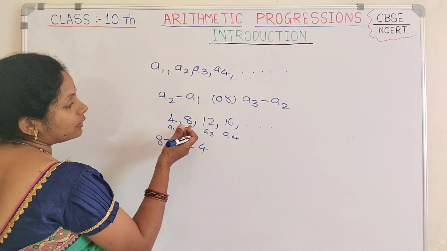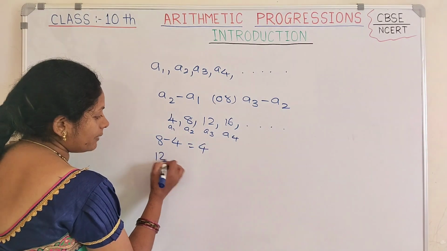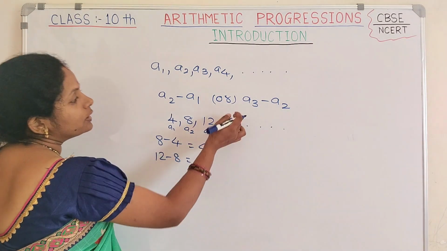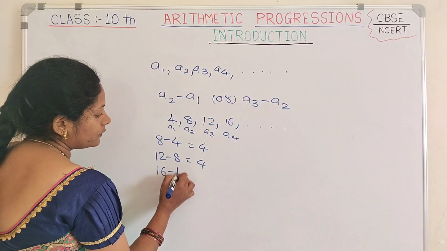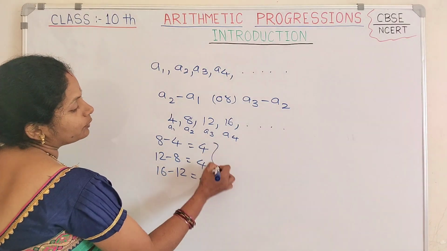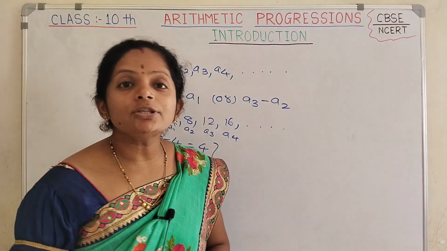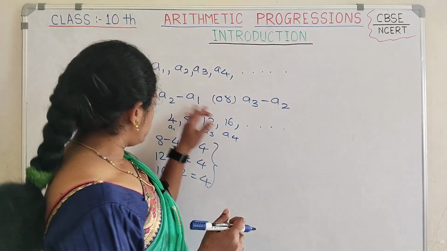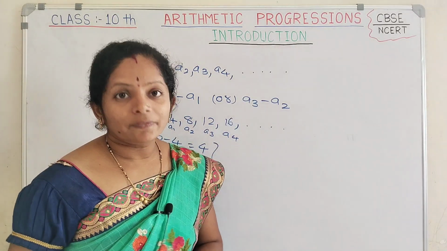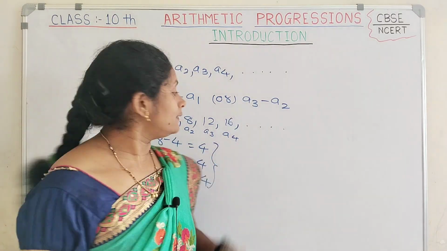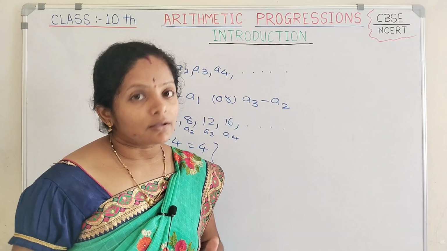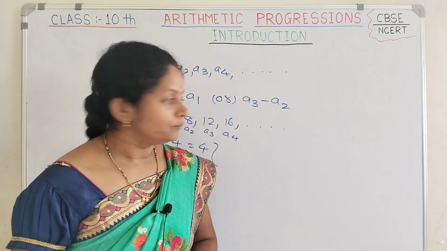A3 minus A2, 12 minus 8, that is also 4. 16 minus 12, that is also 4. This means the common difference should be the same for this AP. Only in that case can we say that the given list of numbers is in AP.